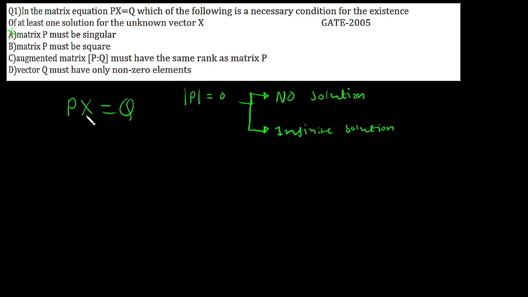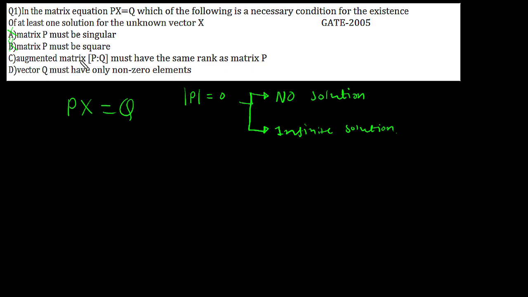It is not necessary that the coefficient matrix P must be square. Sometimes I have more equations than unknowns, or fewer equations than unknowns. In that case the matrix P is rectangular, not square, but I can still get a solution. So option B is also not a necessary condition.